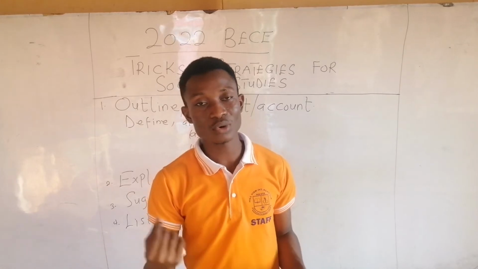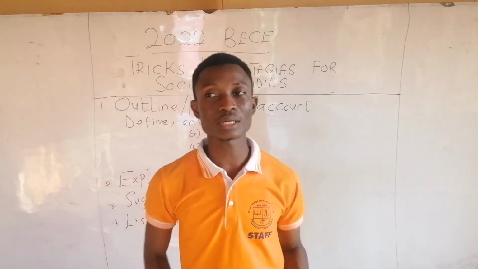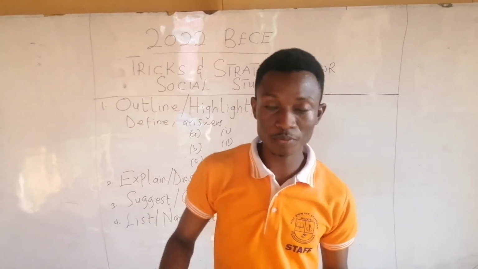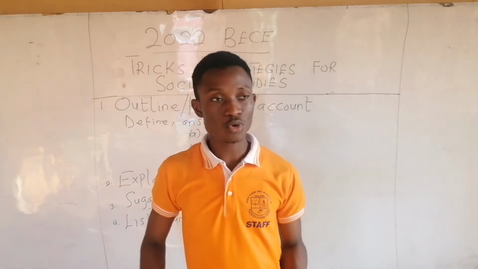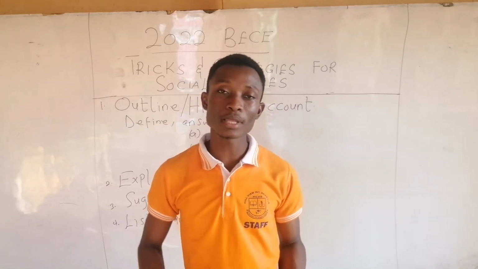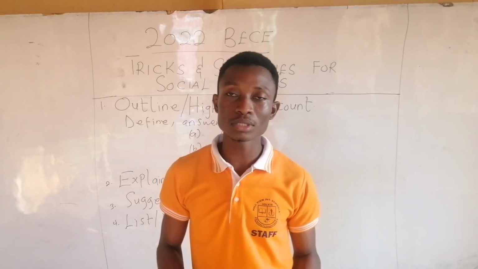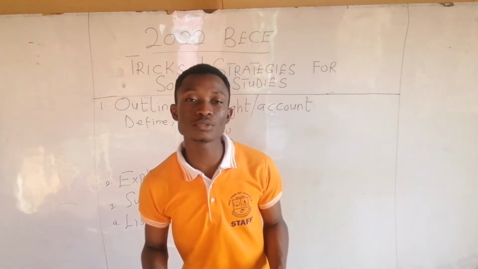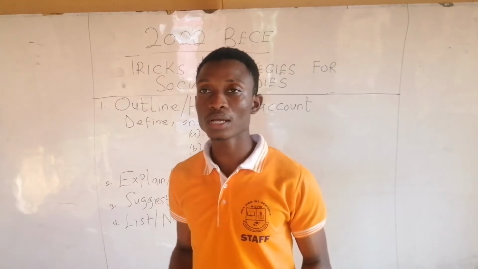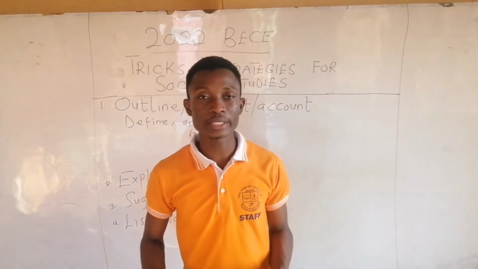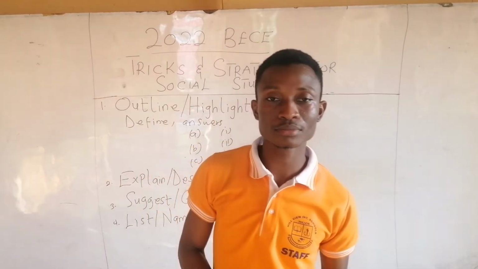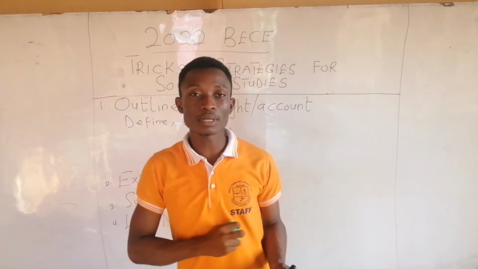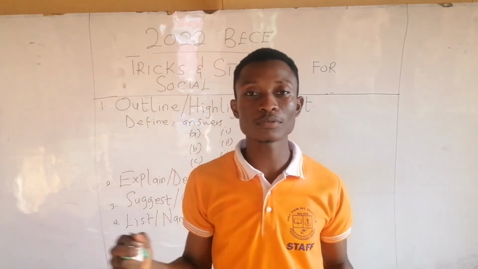What is culture? Culture is a way of life for a group of people. Culture does not only talk about the way of life of a group of people, but also their history, beliefs, customs, and even language. Culture is in 2 forms, namely material and non-material aspects of culture.